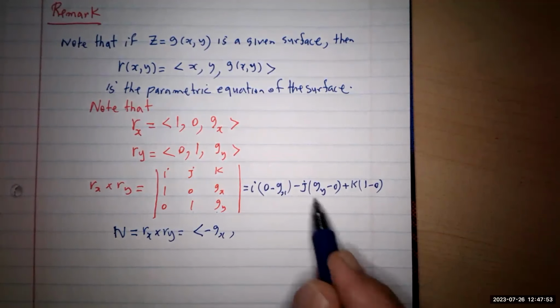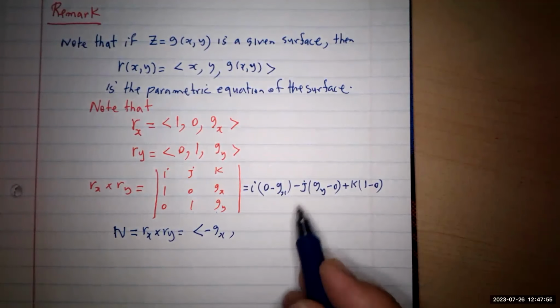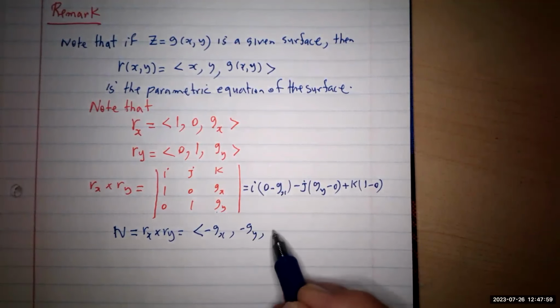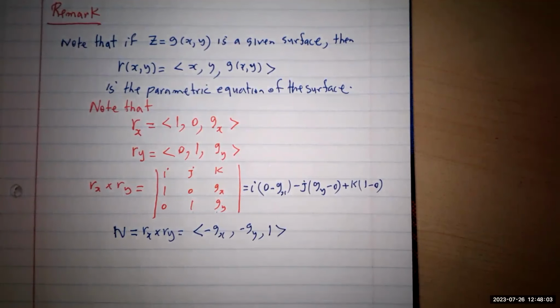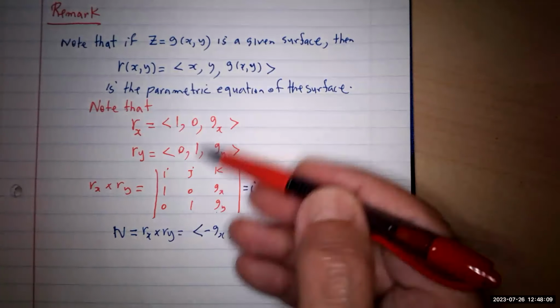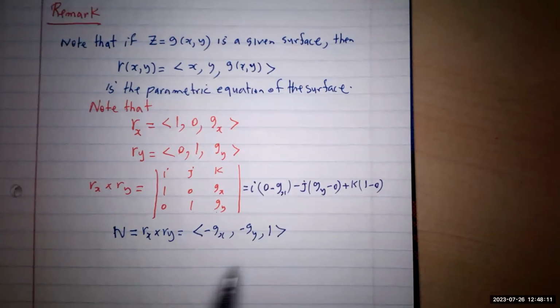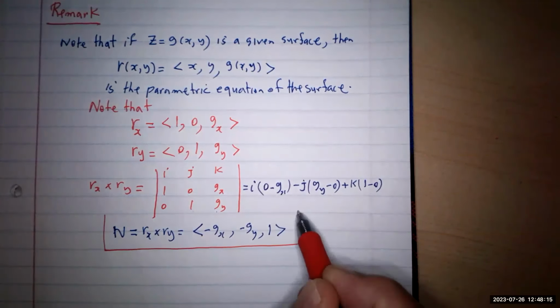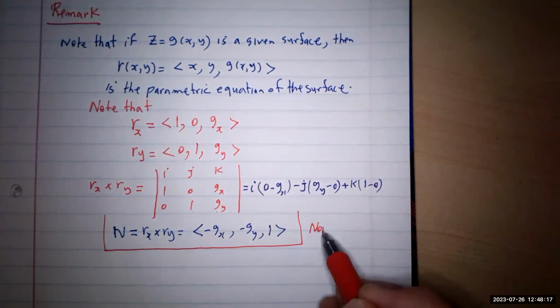The second component would be negative g sub y. The third component simply would be 1. You see? So you don't have to worry about it if you know it in advance. It's not a big deal to do it again, but if you know it in advance, you can use it. Okay, so that would be the normal vector.